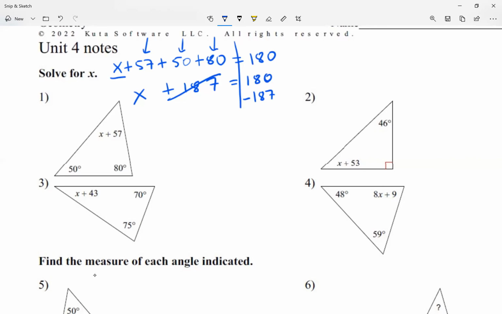So x is equal to 180 minus 187. Well, that gives me -7. So x equals -7. On my homework, I just want you to type in the number, so just -7.